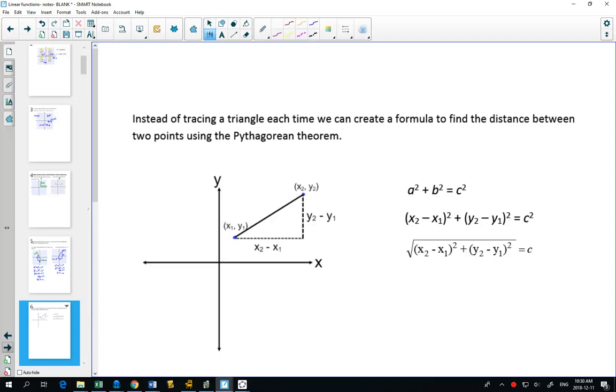In a formula, you start with 2 random points. The 2 random points that I'm going to choose, I'm going to highlight them here. Random point number 1, I'm going to call x1, y1, and random point number 2, x2, y2. If we did this with regular numbers, we drew the triangle and found out how far this was and how far this was.